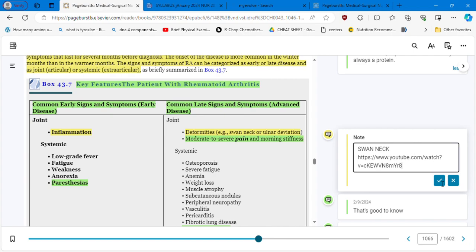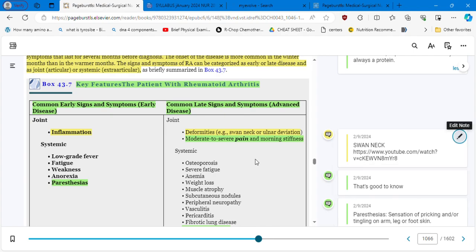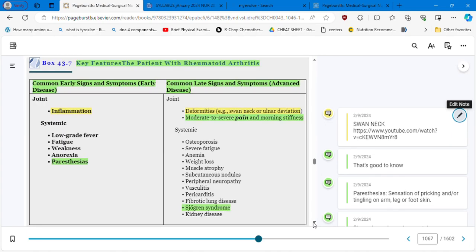So in the early stage, we have just inflammation. In the systemic part, we may have low-grade fever, right? Because all these soldiers, especially the interleukin, identify that there is some infection, so there is low-grade fever, fatigue, weakness, anorexia, paresthesias, right?